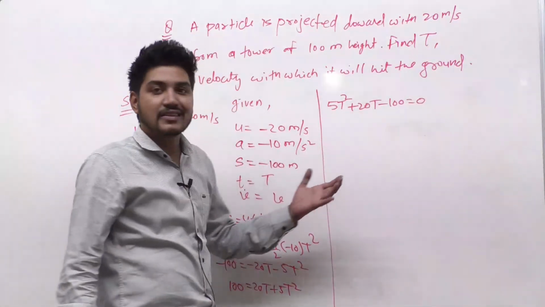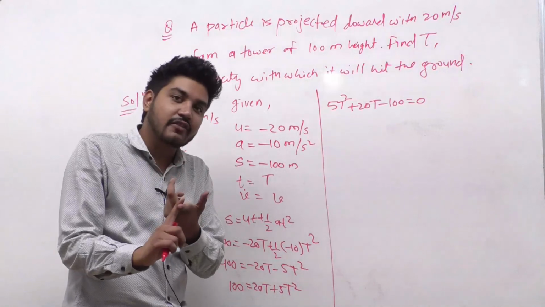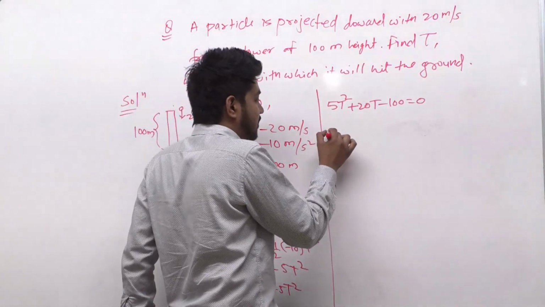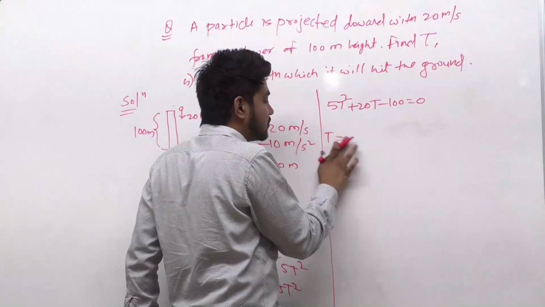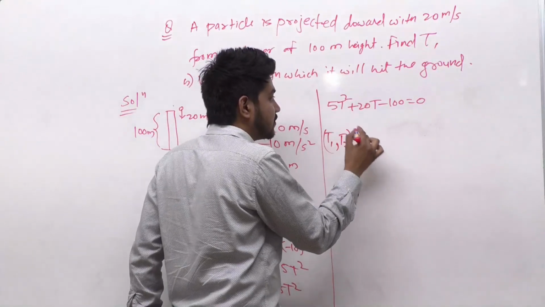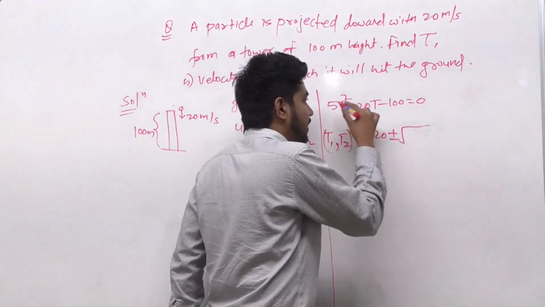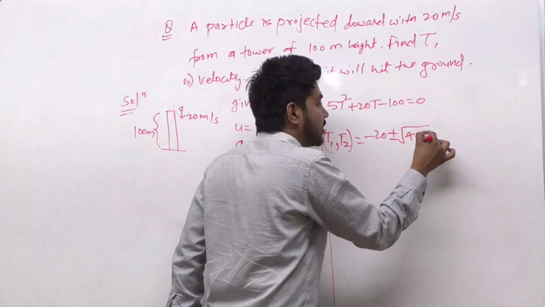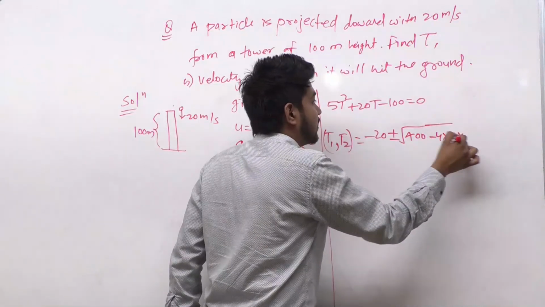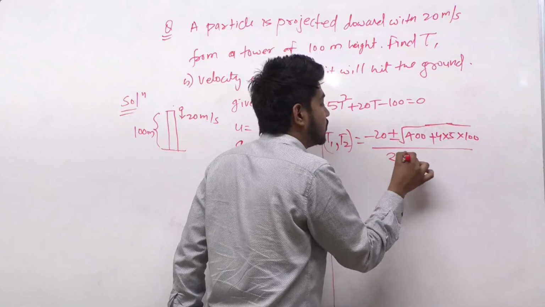So we know the solution of a quadratic equation, two values of time will come. The negative value won't be our answer, the positive value will be our answer, right? So t1 and t2 is equal to minus b, which is minus 20, plus minus root of b square, which is 400, minus 4ac, 4 into 5 into c, which is minus 100, so this will become positive, upon 2a, 2 into 5.